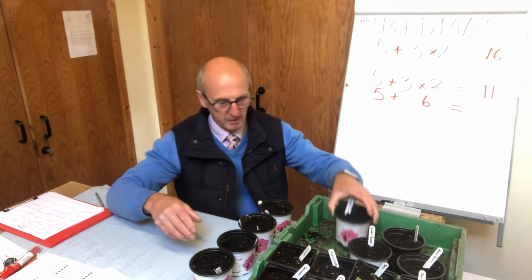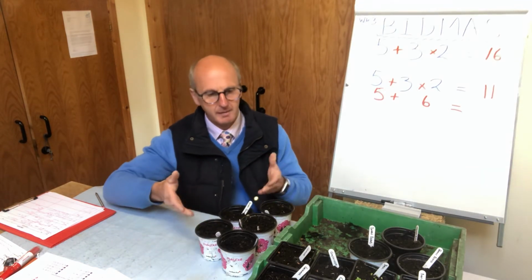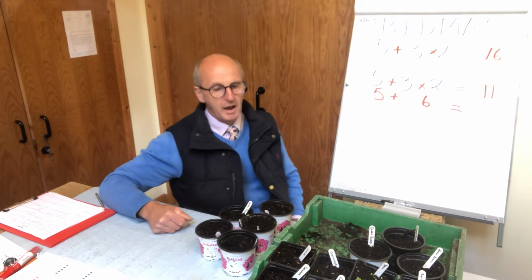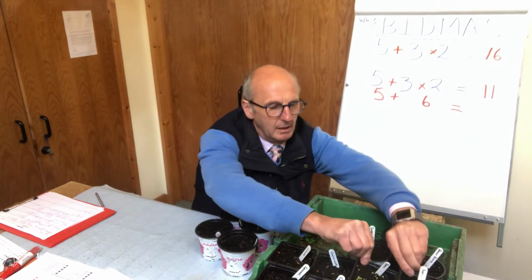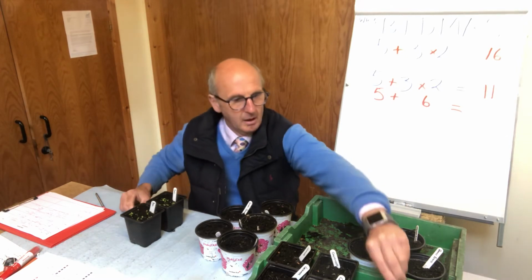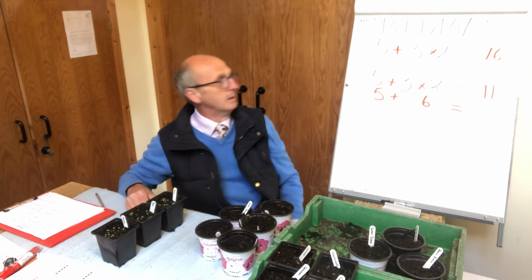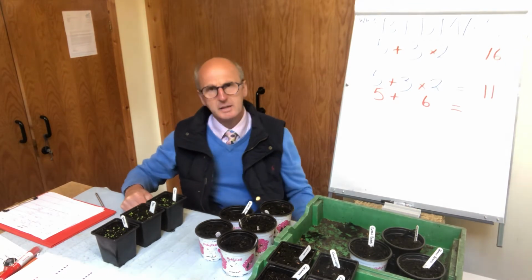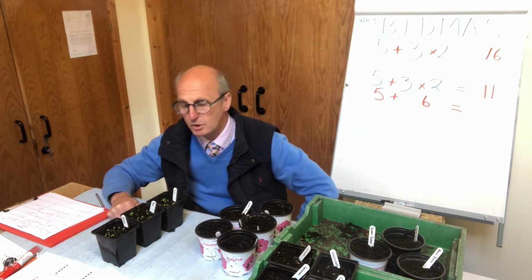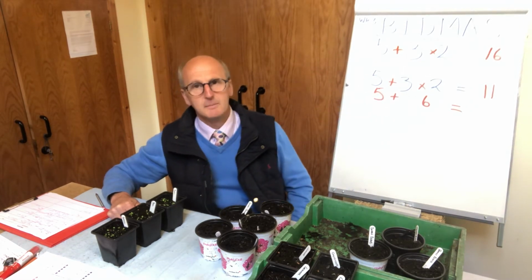There's 4, there's 5. Okay, so I hope you can see there are 5 there. And I added 3 lots of basil, all right, and I times the whole lot by 2, well, I'm going to end up with 16 plants.